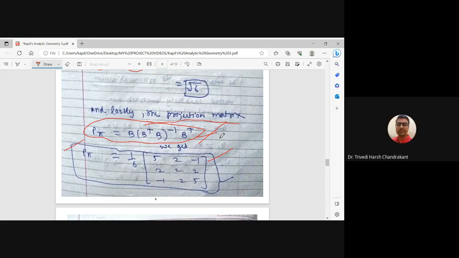This is essentially the minimum distance, the least square method as it is known, for computation of error. It is a general method because we are using the pseudo inverse instead of the usual inverse of a square matrix. Yes, the pseudo matrix inverse. So you continue, please.